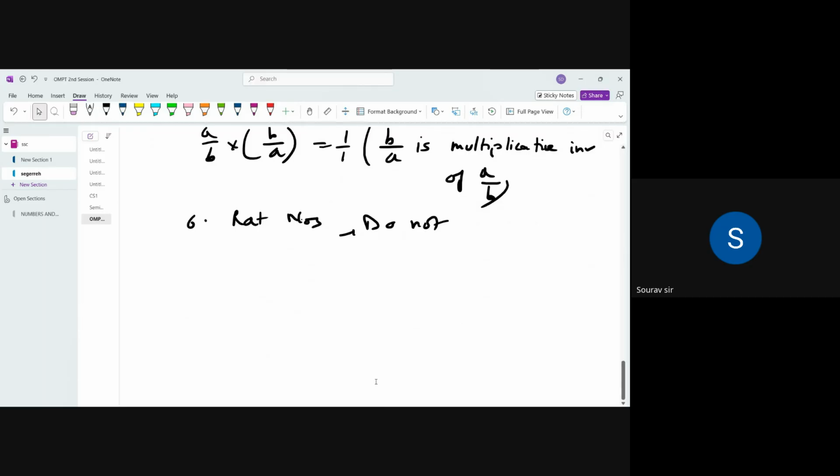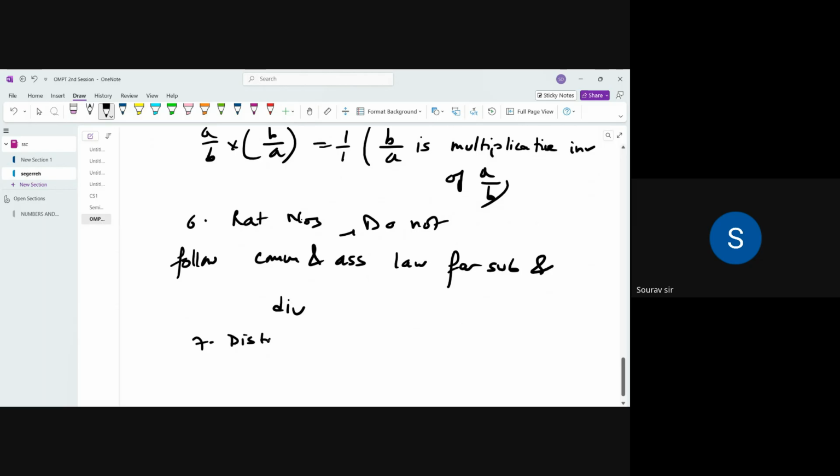So, rational numbers, they do not follow commutative and associative law. For what? For subtraction and division. This is one. Next, distribution law. What do we mean by distribution law?